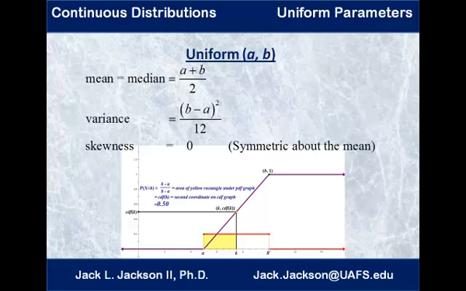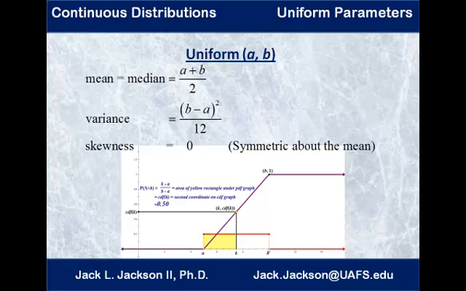So we just do A plus B divided by 2. Now that's also the mean because that's the balance point. I think it's pretty easy to see that if we shaded in all of our area with that total rectangle of area 1, that the balance point in the middle would be exactly halfway between A and B. So the mean and the median are the same.